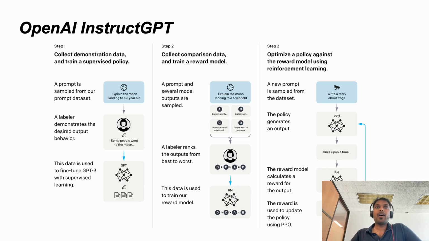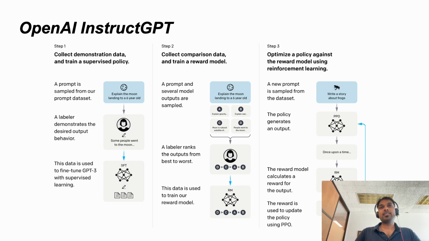The first step involves performing supervised fine-tuning, which most of you are familiar with. The second step involves training a reward model and collecting preferences for it. And then in the third step, we use that reward model to reinforce, or post-train, our instruction-tuned model.